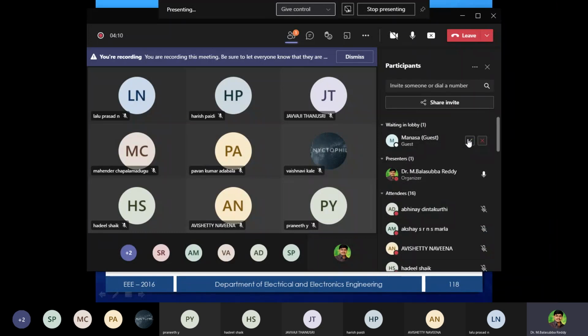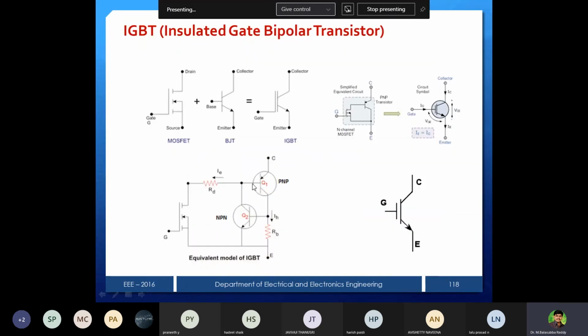In the diagram you can see a MOSFET with gate, drain and source, and a BJT with base, collector and emitter. You club these two devices, and then there is a gate, a collector and an emitter. Some books represent them as drain and source also, but it's not a matter.